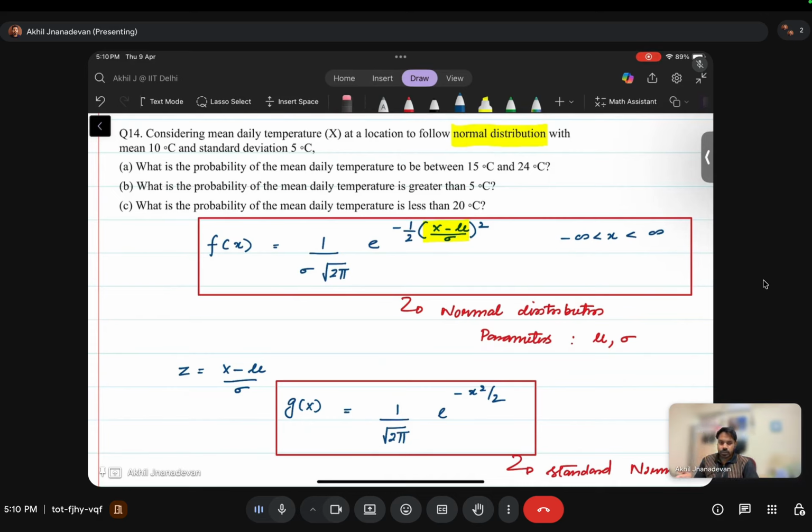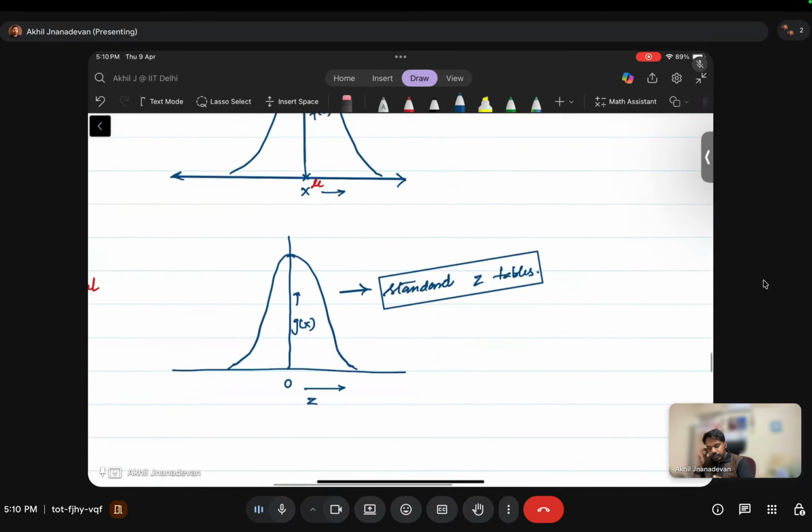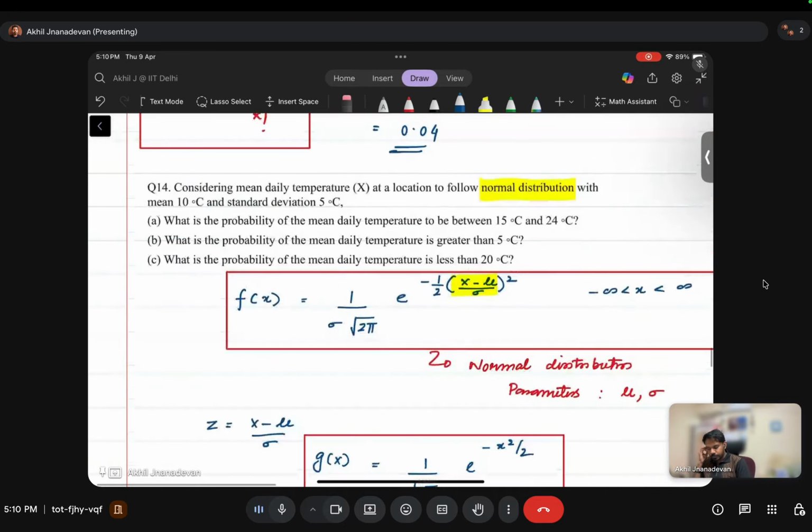We saw what a normal distribution is, how we can reduce it to a standard normal distribution, and how we can get the values of probability using the standard normal distribution tables which are already available. For each value of z, the values of probability are defined. They have mentioned the parameters: mean mu is 10 degrees Celsius and standard deviation is 5 degrees. What is the probability that the mean daily temperature is between 15 and 24?